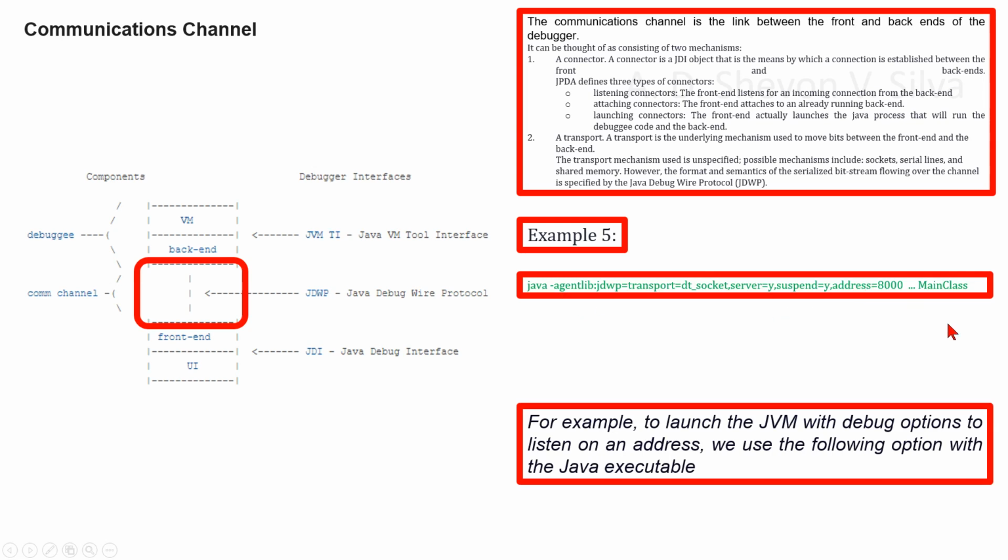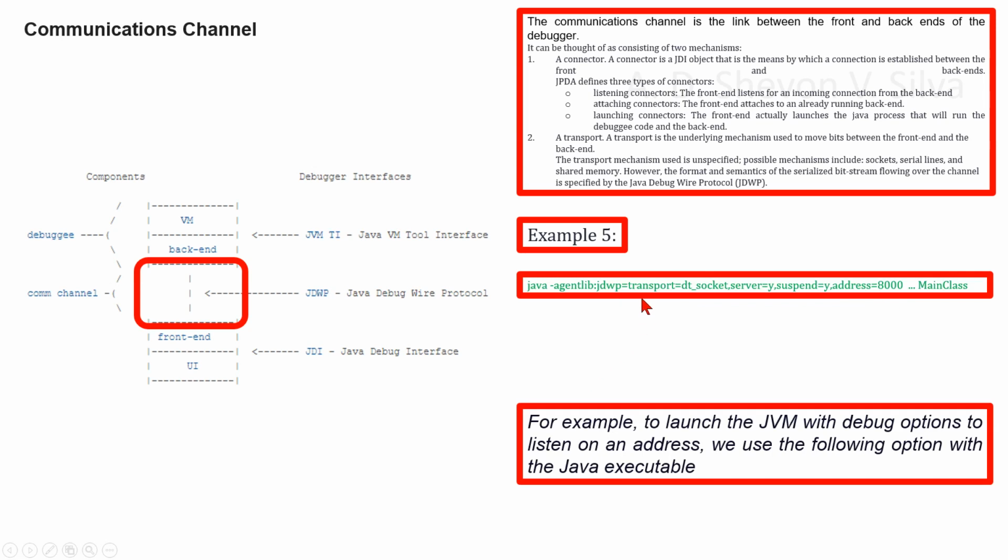The -agentlib:jdwp with comma separated key value sub options instructs the JVM to load the JDWP agent and wait for a socket connection on port 8000. Here's what each sub option does.